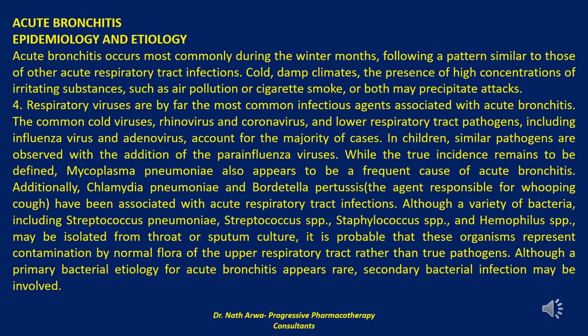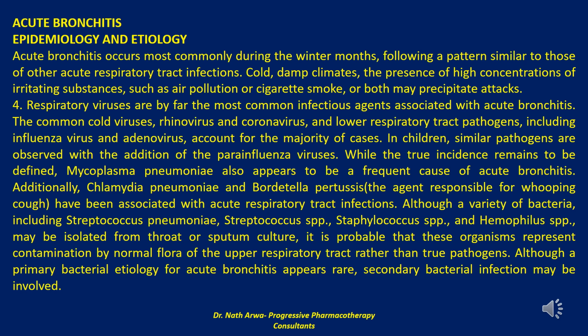Acute bronchitis occurs most commonly during the winter months, following a pattern similar to those of other acute respiratory tract infections. Cold, damp climates, the presence of high concentrations of irritating substances, such as air pollution or cigarette smoke, or both may precipitate attacks.